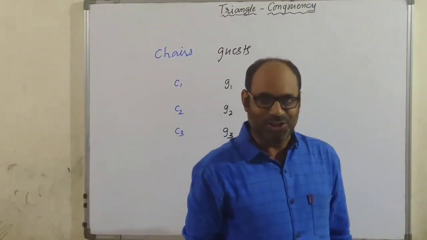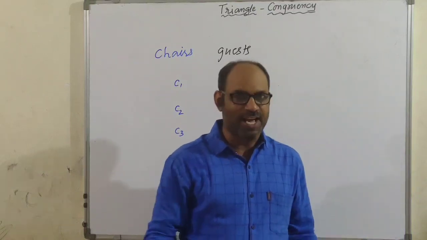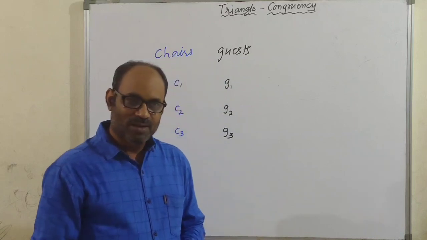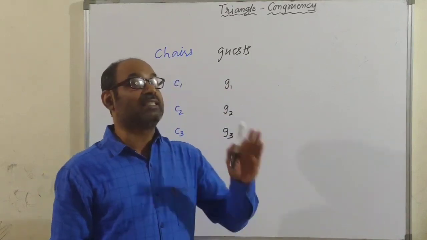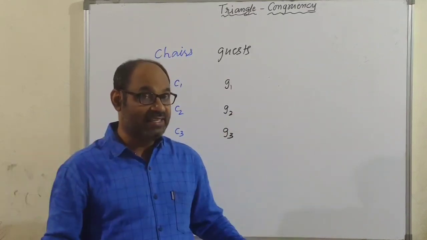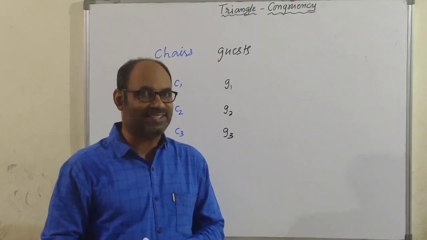So all the 3 chairs would be occupied by the guests, because we have 3 chairs and exactly 3 guests have arrived at your home. Now, what would be the possible sitting arrangement of these guests? In how many different ways can these 3 guests sit on these 3 chairs?